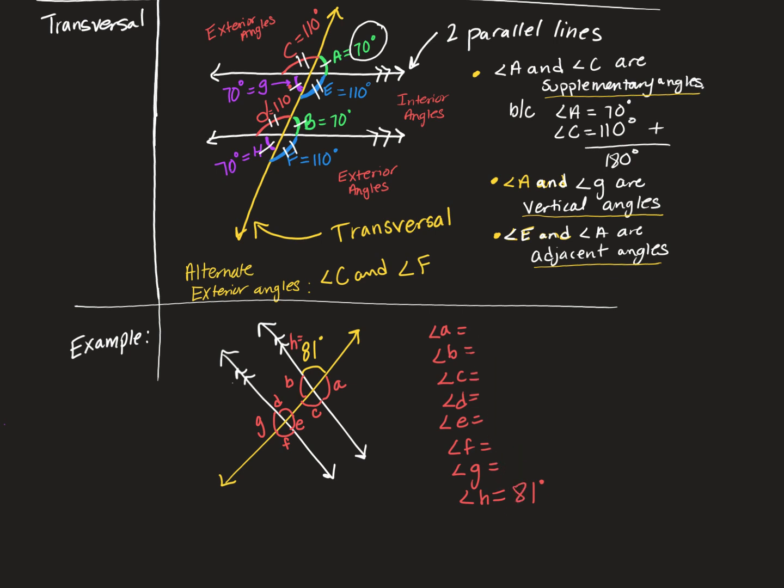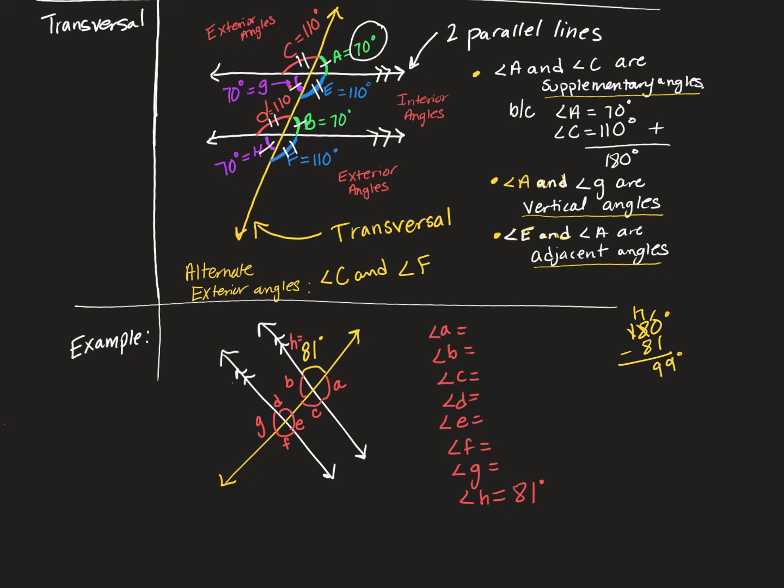All right, so hopefully as a class we've already discussed this. Because A and H are supplementary angles, I know that angle H and angle A add up to equal 180. I know angle H is 81 degrees, so I'm going to subtract 81 from 180 to give me angle A. 0 minus 1 I can't do. 17 minus 8 is 9, so 99 degrees.